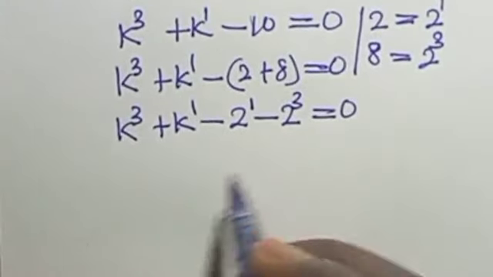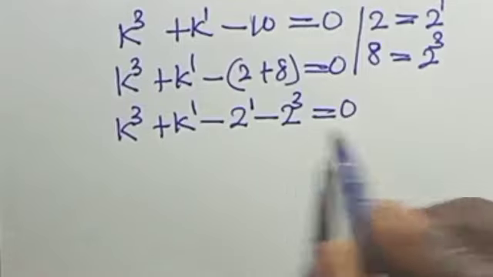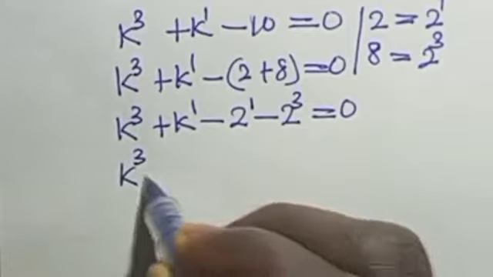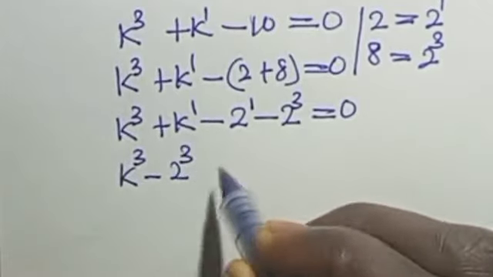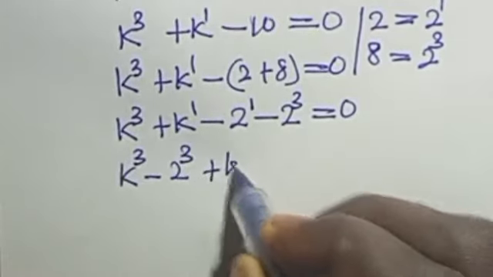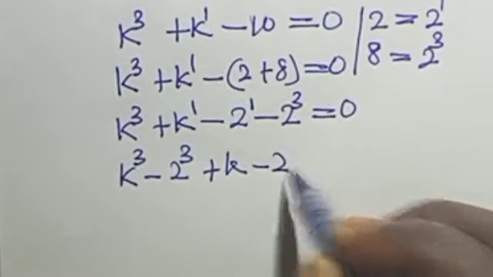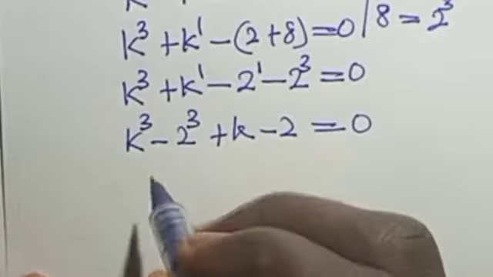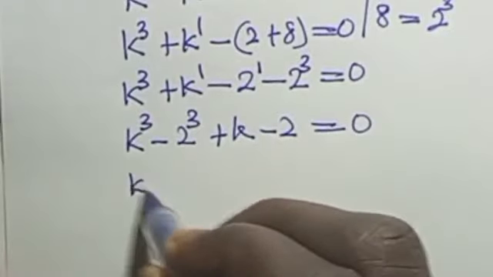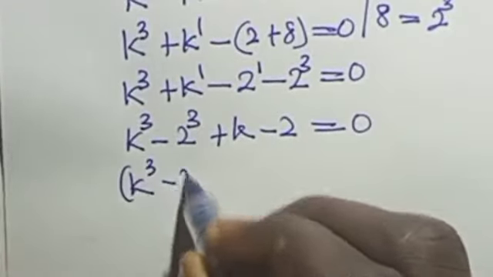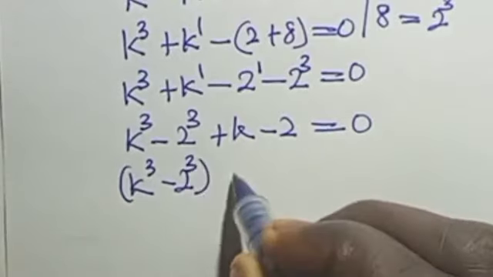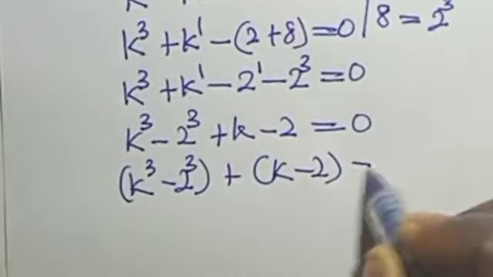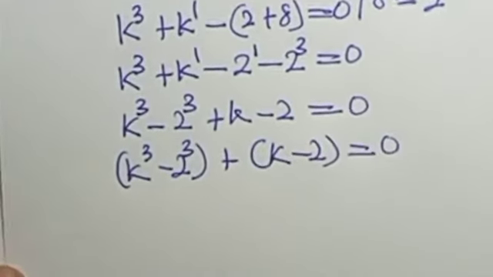So if we continue with this, we are going to group them according to their powers, that is k raised to power 3 minus 2 raised to power 3 plus k minus 2 is equal to 0.